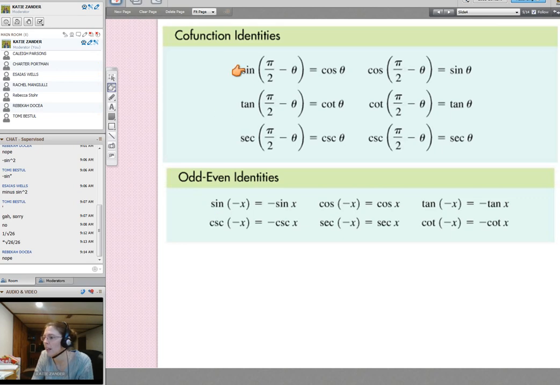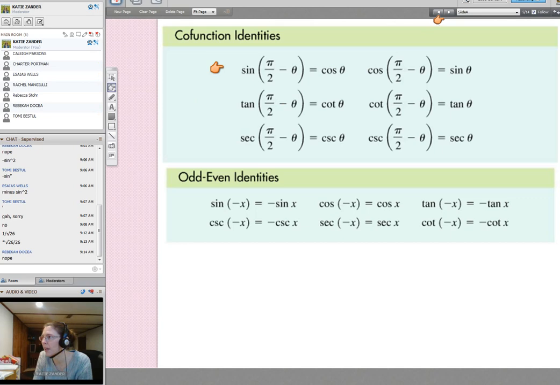So again, these are just listed so that when we try to simplify things, we can use these to hopefully substitute and get our problem reduced, so to speak, simplified.